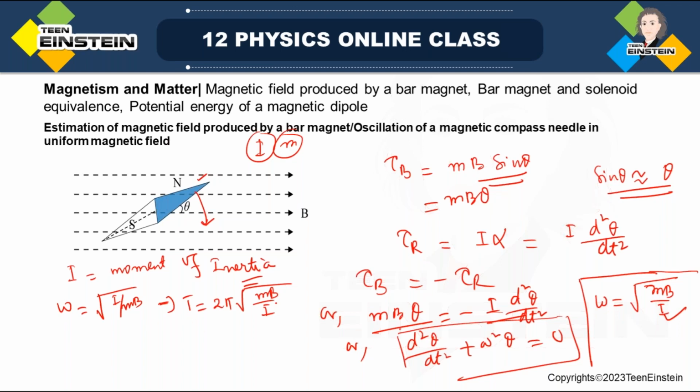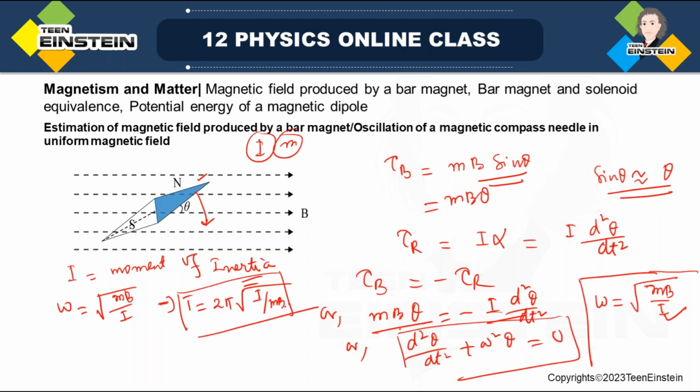So the time period is 2 pi by omega. Omega gives you mB by I, so the time period will be 2 pi times square root of I by mB. So this will be the time period of oscillation.